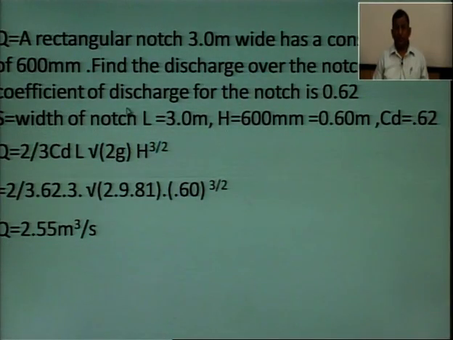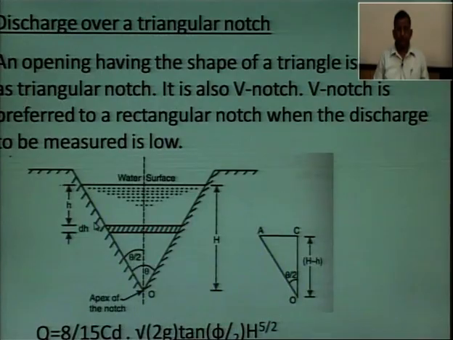In this case the length is given, H is given, and the coefficient of discharge is given. Now, in this equation we substitute the coefficient of discharge, the length, g as 9.81, and H which is given as 600, that is 0.6, raised to 3/2, and we calculate the results.